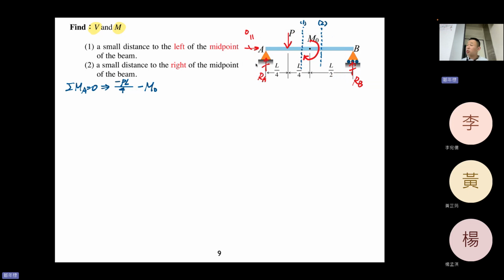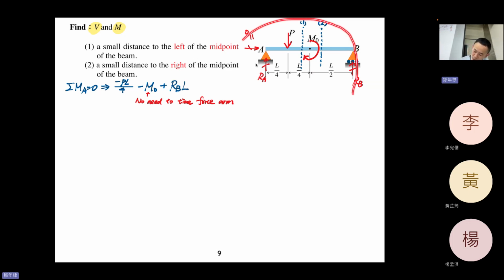And you don't need to multiply by the force arm because this is itself a moment, so you just add it. And it rotates clockwise, so it's minus, all right? And then the next one, RBL.